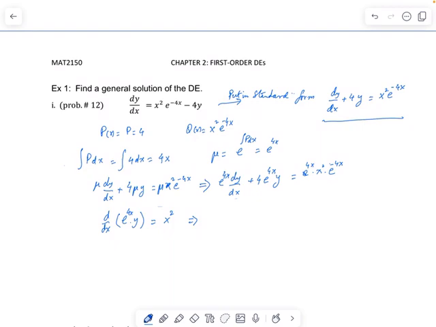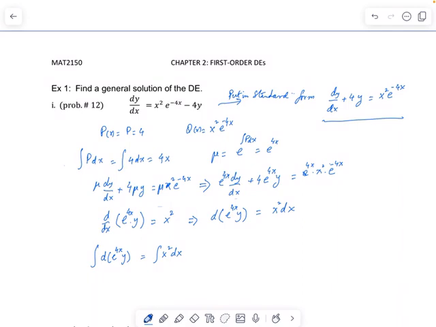So the next step is to separate the differential. So it will be d of e to the 4x times y equals x square times dx. And now we integrate after this step. So we integrate the integral of d of e to the 4x times y is equal to the integral of x square dx.